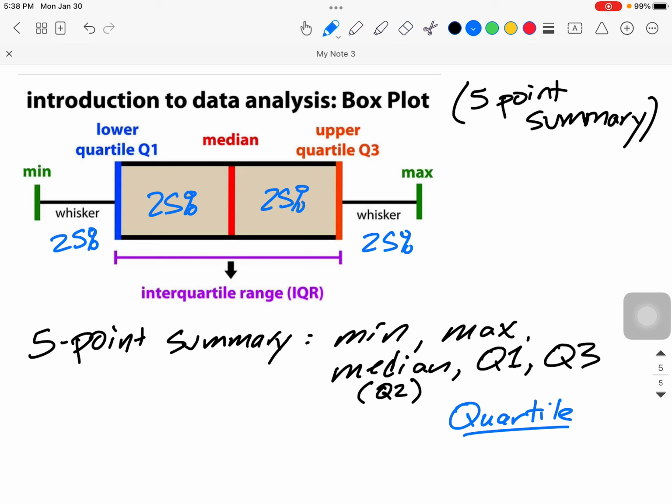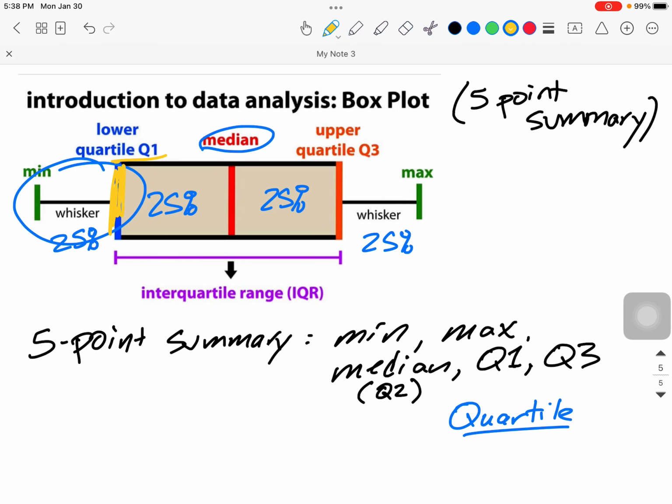And if you have the median value, which is going to be right in the middle, you can say that 50% of the data is below the median, below the middle. The other 50% is above it. And if you take the first quarter of the data, that cutoff between the first quarter and the second quarter, that's where we'd find the quartile 1 value.